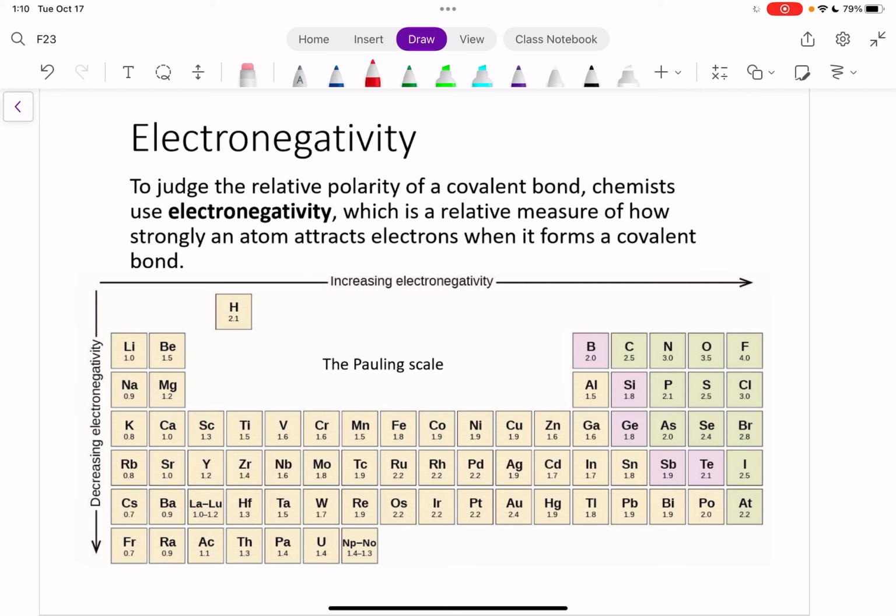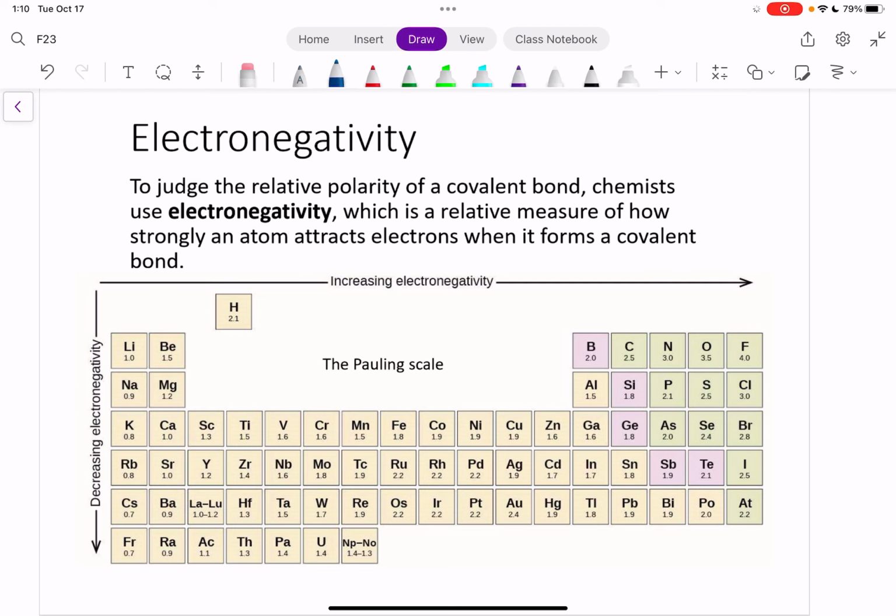All right, so it turns out chemists have compiled some information about the electronegativity values for these different elements, and they use an electronegativity periodic table or an electronegativity scale, also known as the Pauling scale. And this shows the relative electronegativity values for these different atoms. So how much do these different atoms want electrons, and how much are they going to hog electrons in bonds?